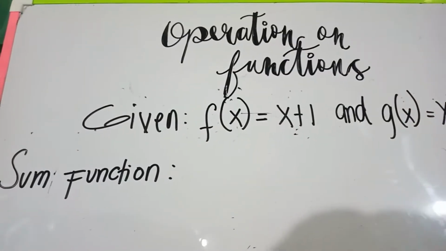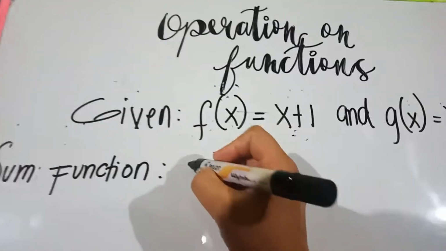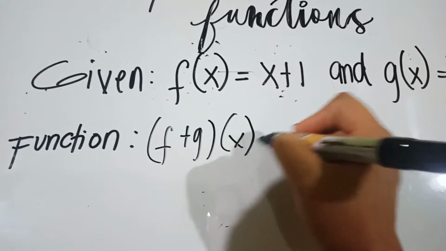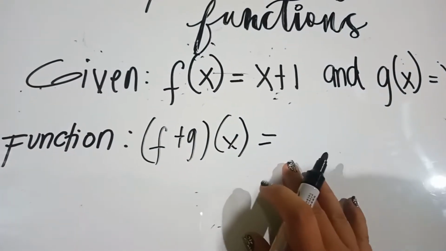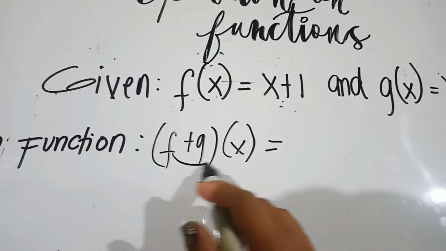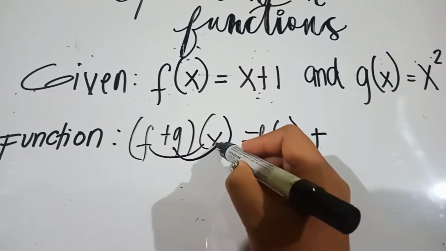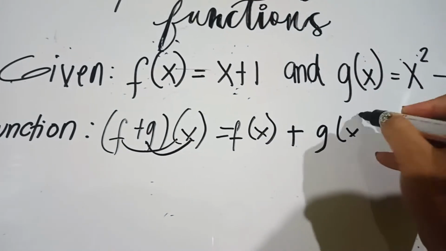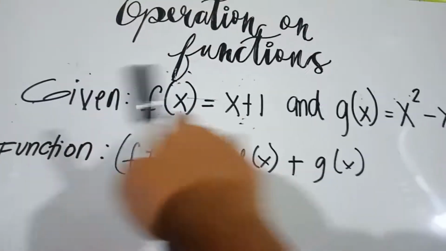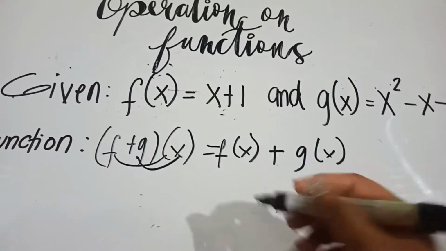First, we are going to solve for the sum function, and the sum function is that we have f plus g of x is equal to. So we will distribute the f plus g to x. So we have f of x plus g of x. And then we will substitute the given to the formula, which is f of x plus g of x.